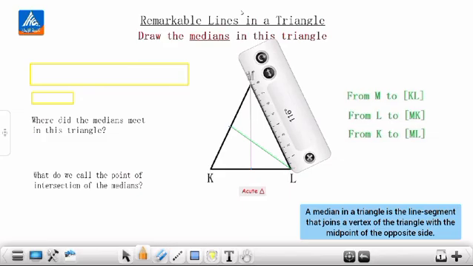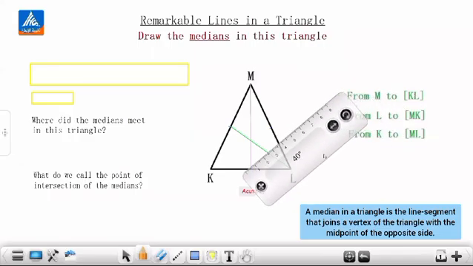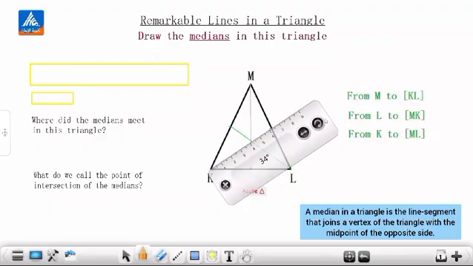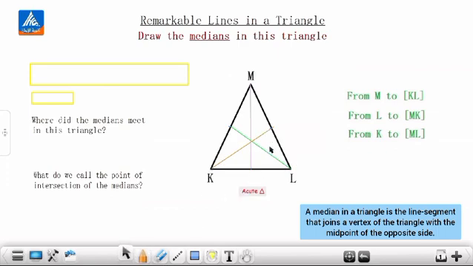It is 4. So the midpoint is here. This is the midpoint of ML. Now, with the centimeter ruler, join vertex K and the midpoint. This is the third median.